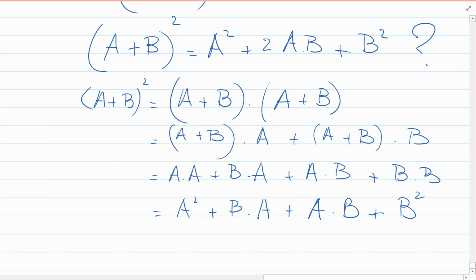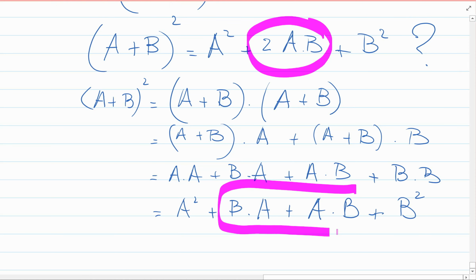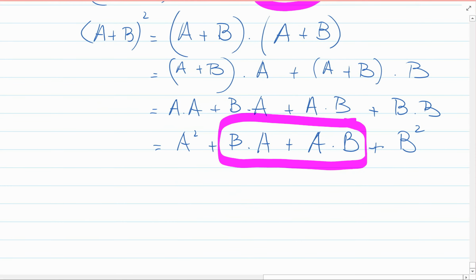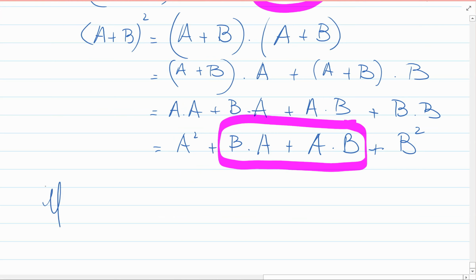So when do we have this the same as this? This happens if and only if, in other words, we have that identity if b times a is equal to a times b.